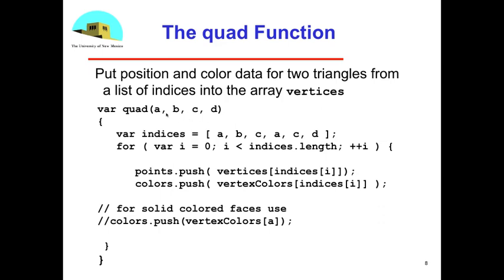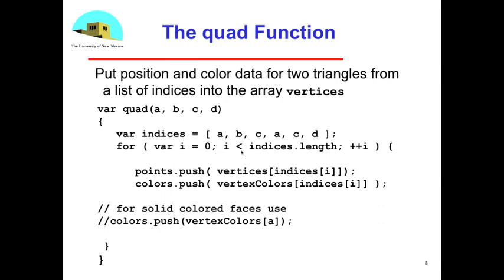So the first triangle, if we think of this encircling A to B to C to D, could be from A, B, C, and then back to A. And then the second triangle could go A diagonally up to C, and then to D, and then back to A. So here's a set of indices for the two triangles. For those vertices, these are now pointers, really.